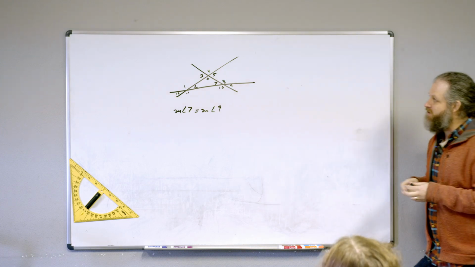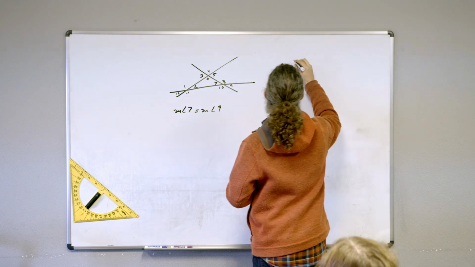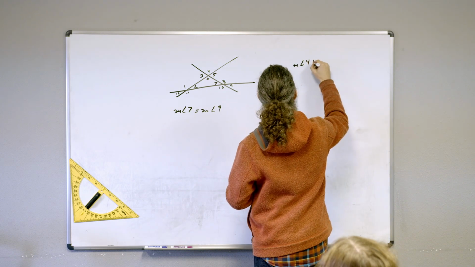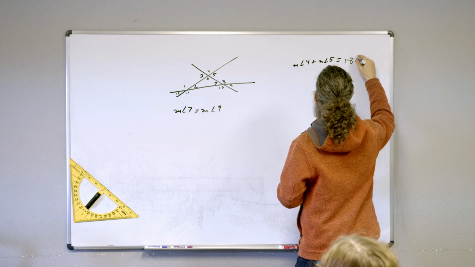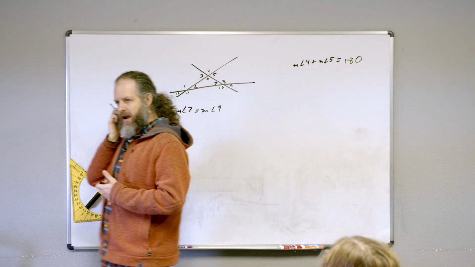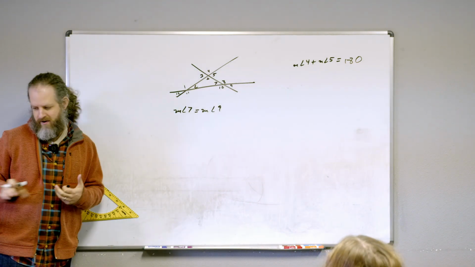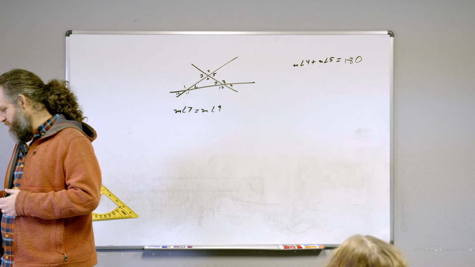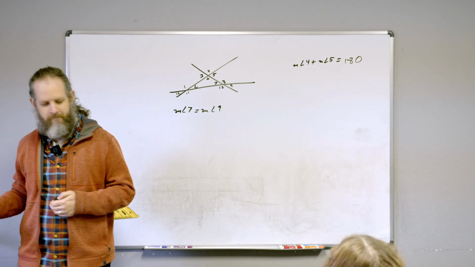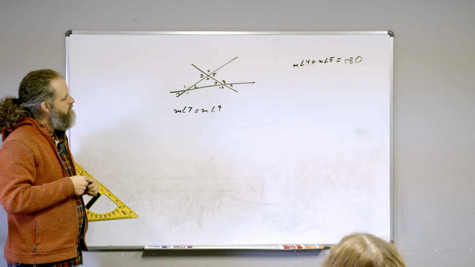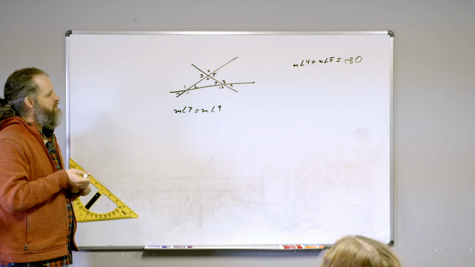They're supplementary. So the measure of angle 4 plus the measure of angle 5 equals 180, right? So if it's a linear pair, they have 180.